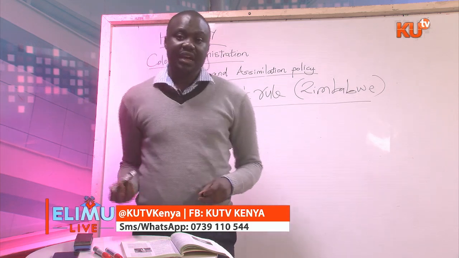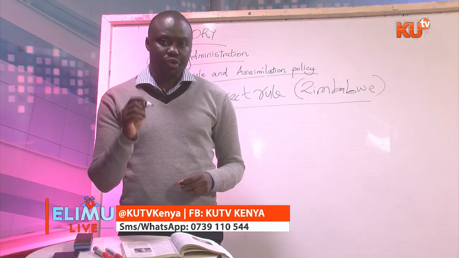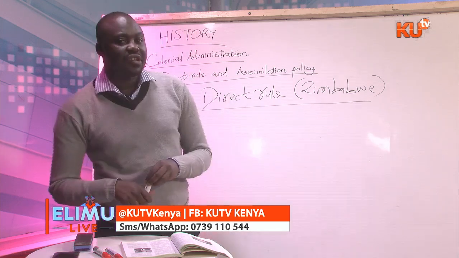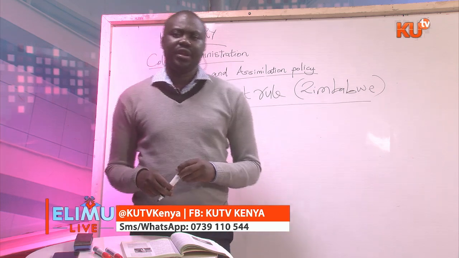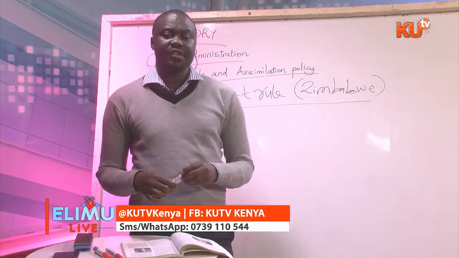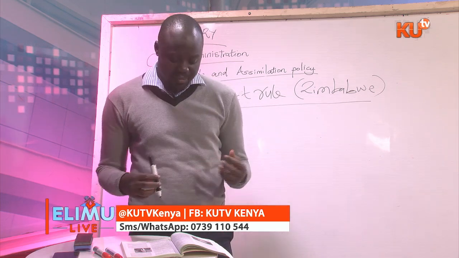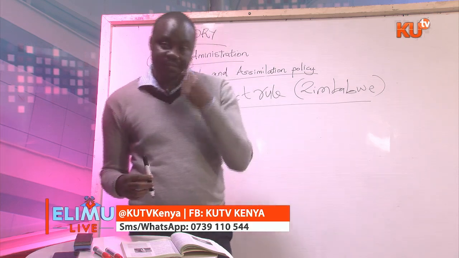Now, the head or owner of the British South African Company that was chartered to rule southern Rhodesia was somebody called Cecil Rhodes.